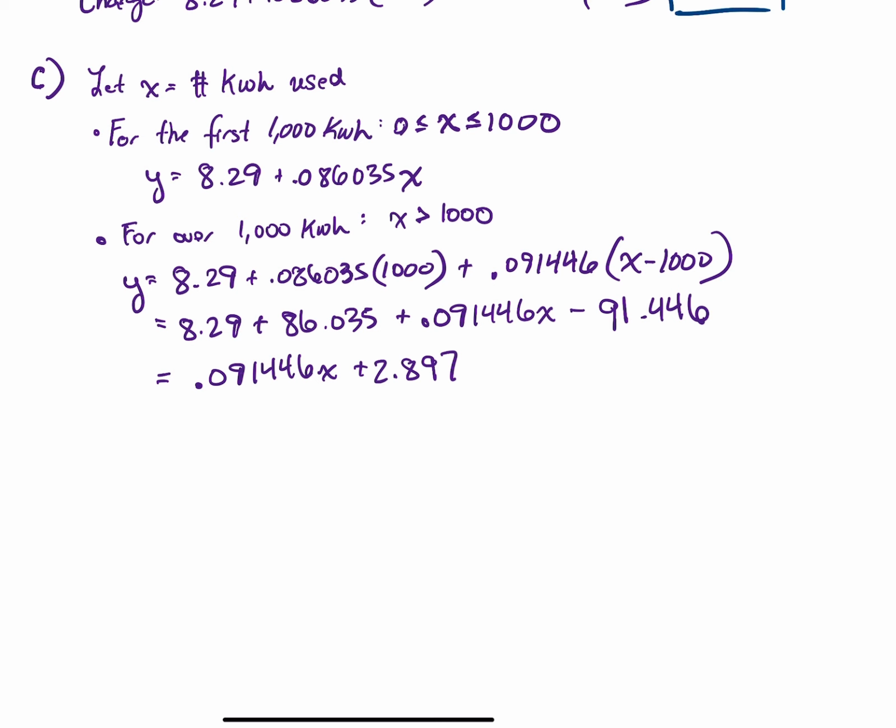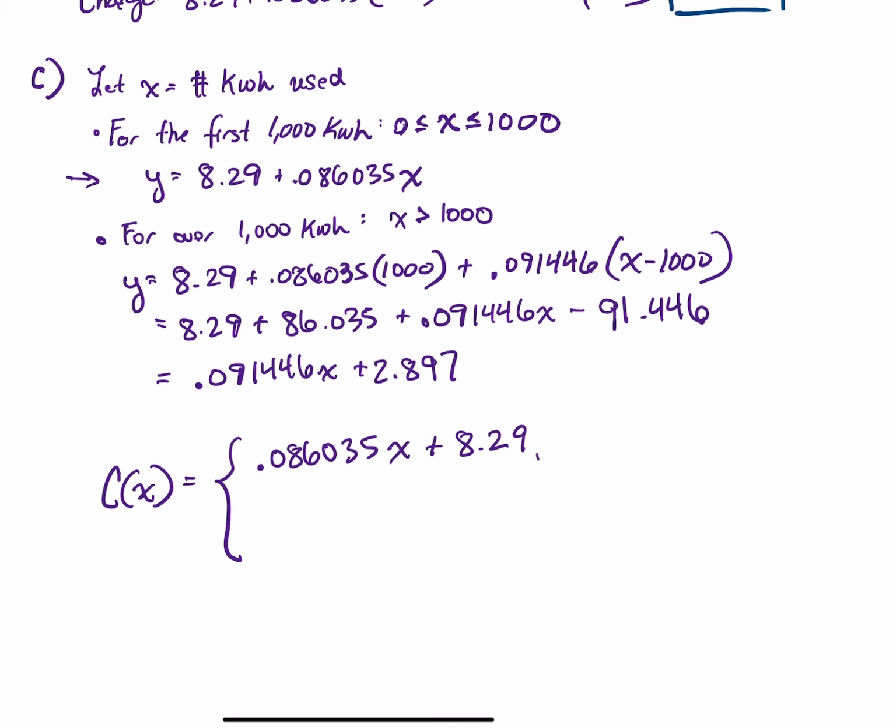So let's build our function. We can call it c of x. It has two behaviors. Our first behavior we have here. Let's put it in slope-intercept form: 0.086035x plus 8.29. So just flipping those around.